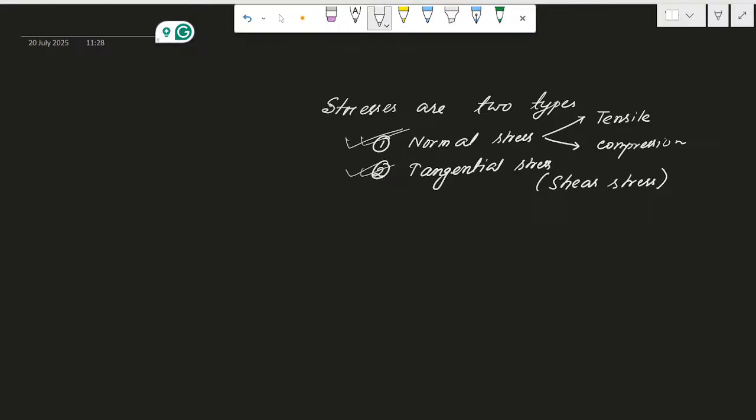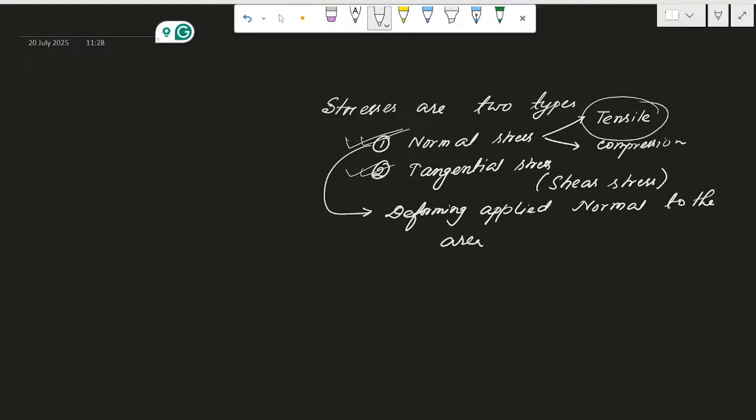And why is it named so? Normal stress means the deforming force is applied normal to the area. Suppose take an example of tensile stress.